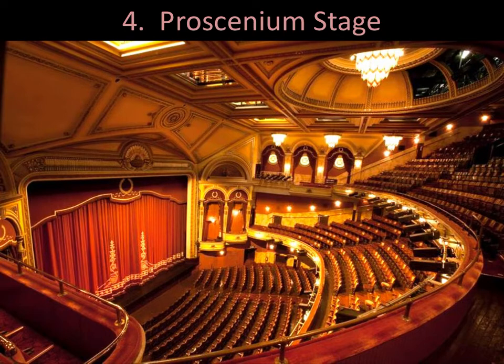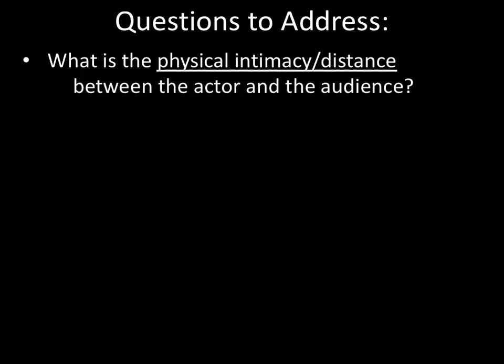So the idea in a proscenium stage is that we are looking through this beautiful frame into this other world of the stage. So those are the three stage setups I want to discuss: the arena, the thrust, and the proscenium, and you have to have your hands around all of this terminology. But now come the really interesting questions. For each one of these theater arrangements, I'm going to ask, what is the nature of the physical distance or the physical closeness, the intimacy between the actor and the audience member in each of these setups?